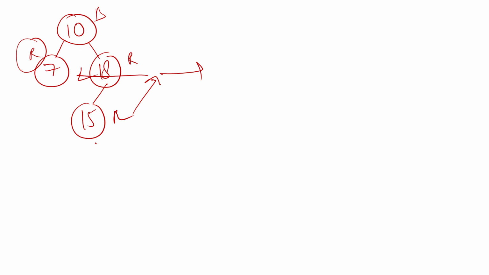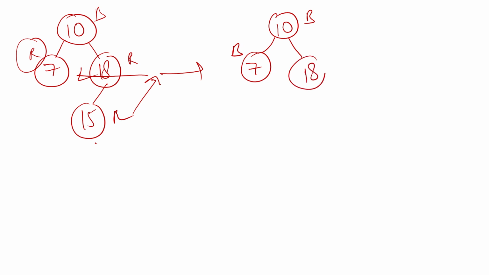This was just for our explanation, nothing as such. Now 10: you can't change the color of the root, but you can change the color of the uncle and the parent. So 18 will be black, and then 15 will be red. You will not change the color of 15 because we want to prevent this red adjacency. We don't want them to be adjacent.